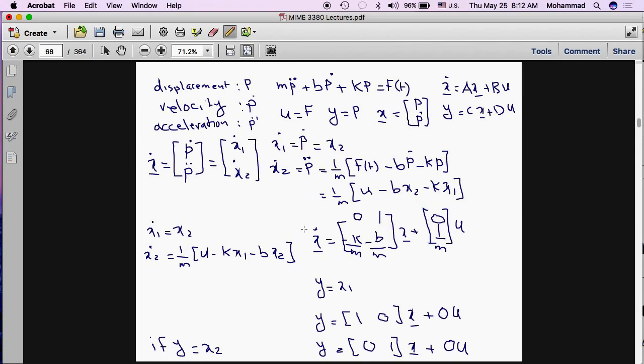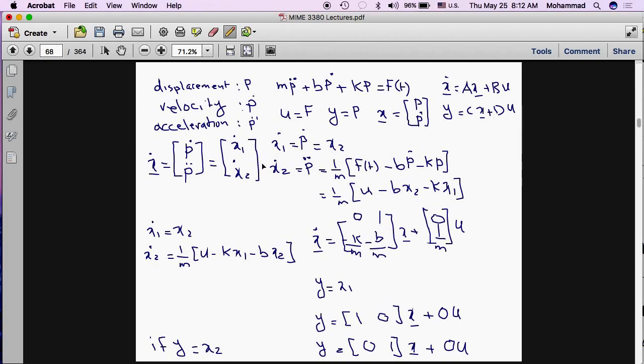So with that in mind, the differential equation became m p double dot plus b p dot plus k p is equal to force. And we introduced our state vector and identified our input, and we said, for now, let's assume the output is simply displacement.